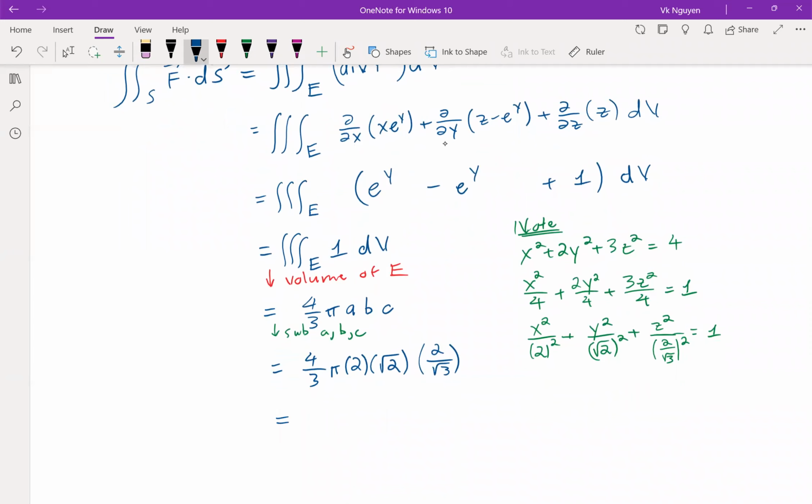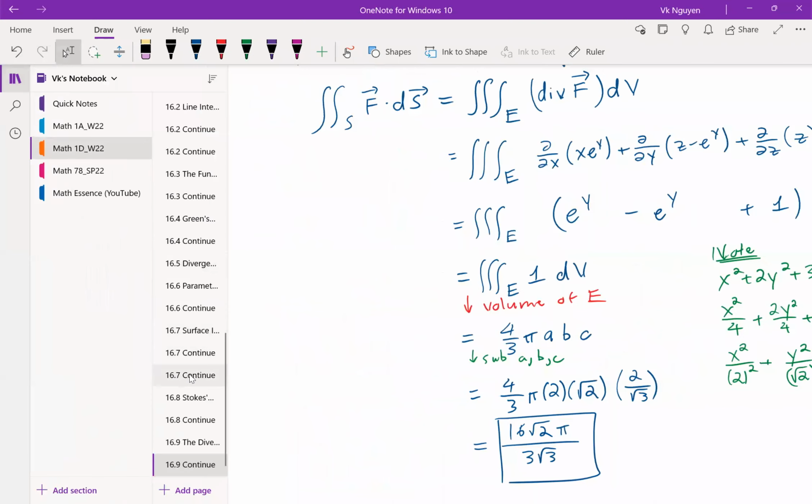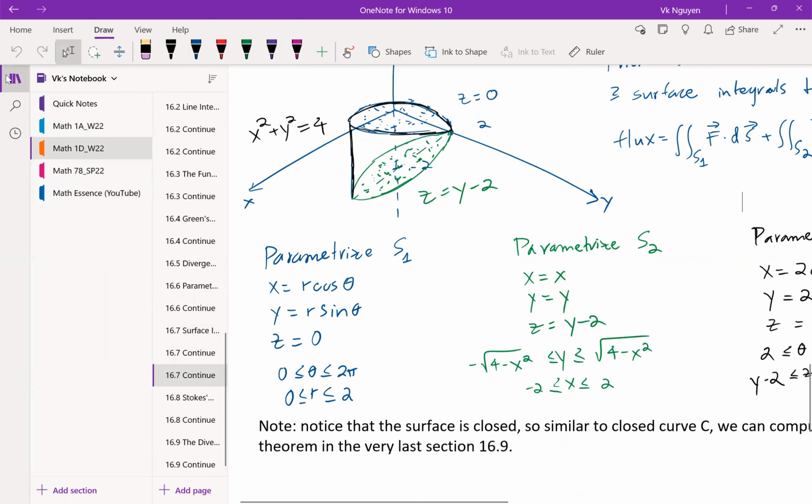So what do we have? We have 16 root 2 pi over 3 root 3.